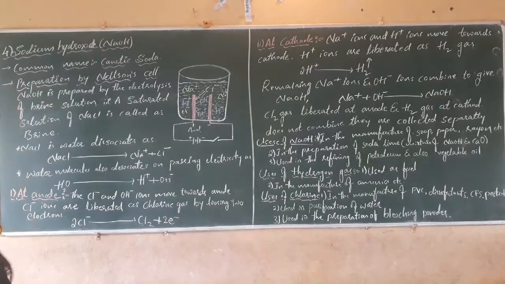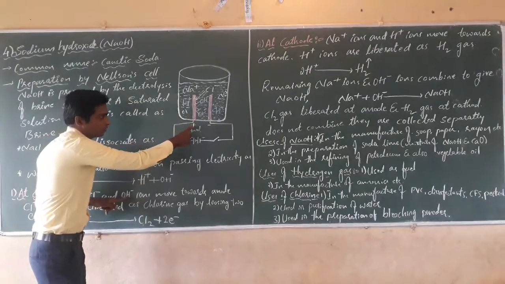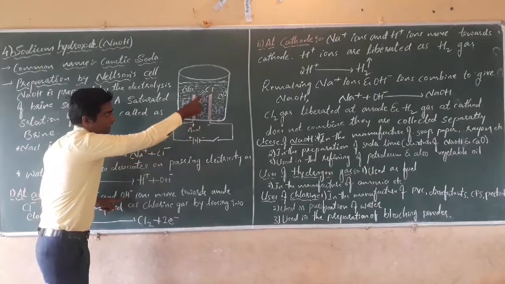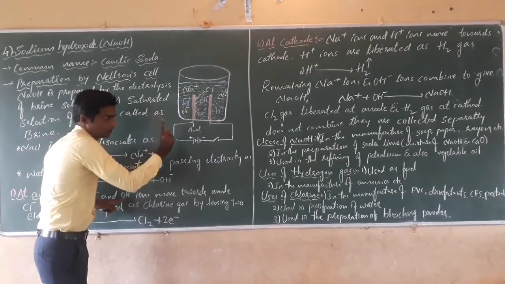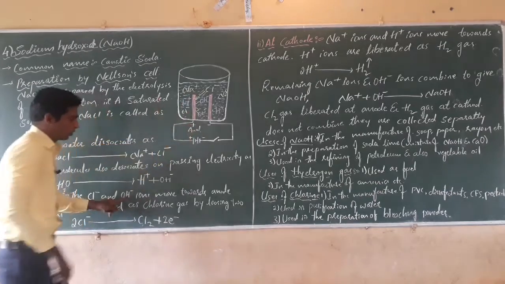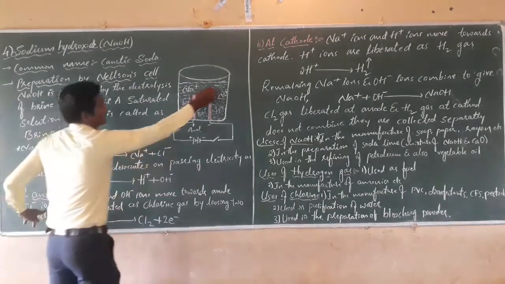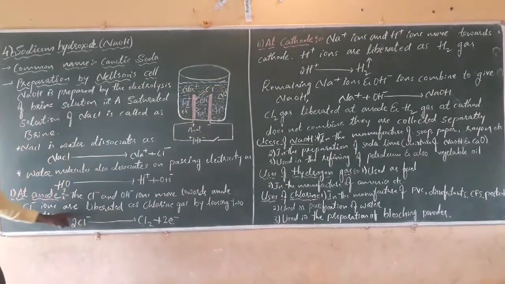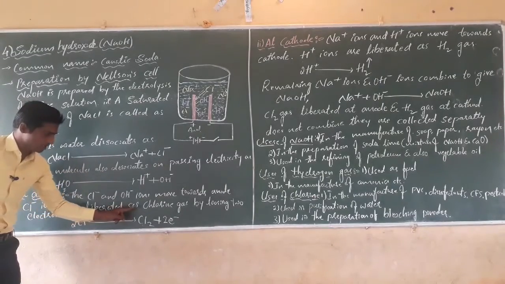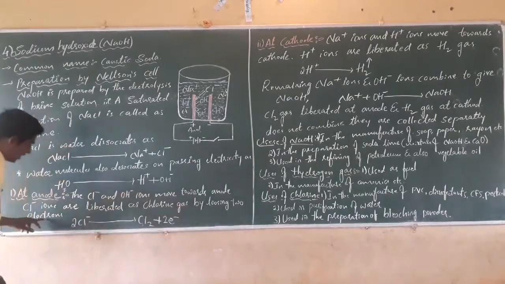Next, what happens, dear students? At the anode, the Cl minus ions and OH minus ions are negative ions, and the anode is the positive electrode, so negative ions move towards the positive electrode. The Cl minus ions are liberated as chlorine gas by losing 2 electrons.